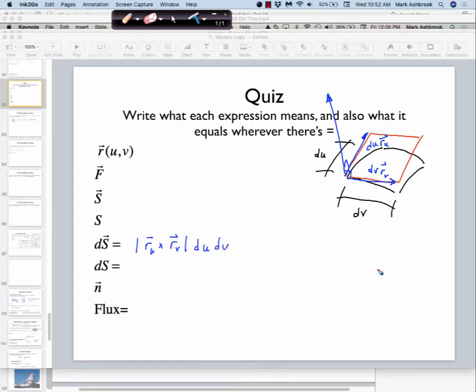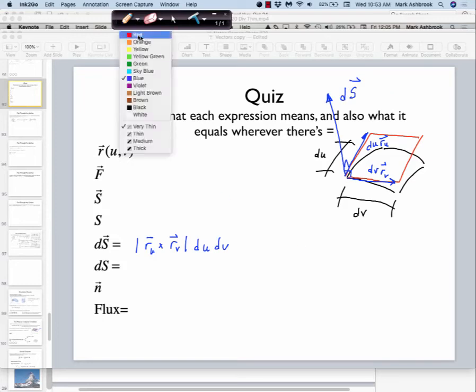So where have I drawn the dS vector in this picture? It's this one here, right? What is its magnitude? What is the magnitude of the dS vector? It's still an area vector. But what's the difference?